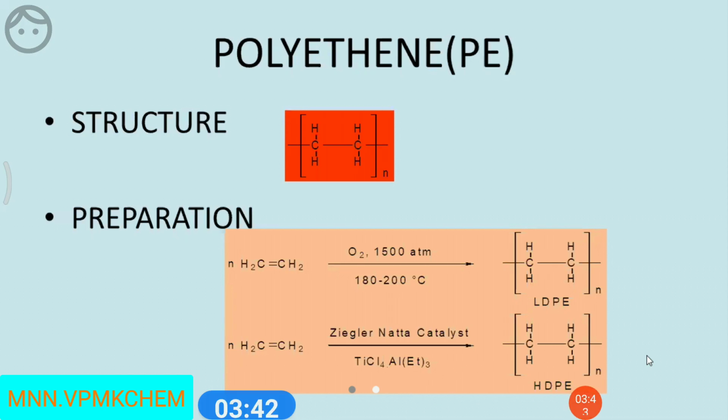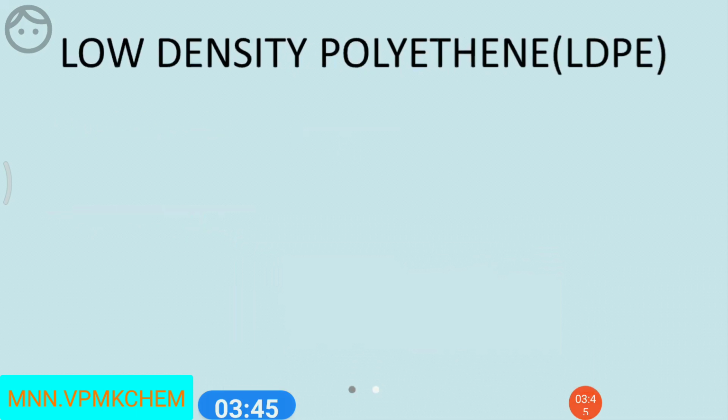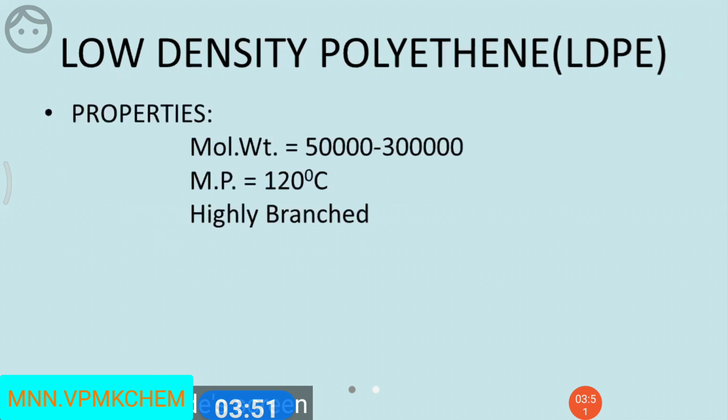Now let's discuss each of these. First, low density polyethylene, that is LDPE. The properties: molecular weight is around 50,000 to 300,000. Melting point is around 120 degrees Celsius.